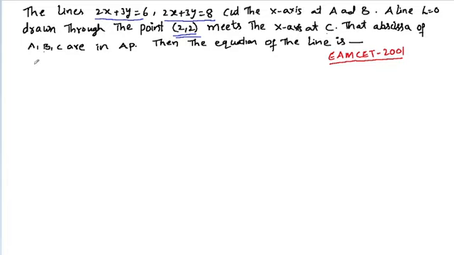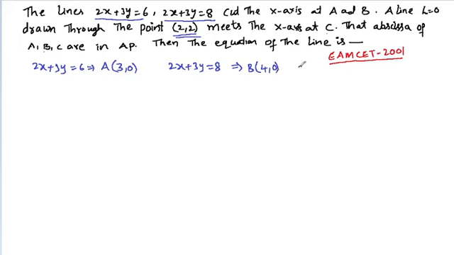Here the first line is 2x plus 3y is equal to 6. This line cuts the x-axis at A, so put y is equal to 0, A is 3 comma 0. The line 2x plus 3y is equal to 8 cuts the x-axis at B, so put y is equal to 0, the coordinates of B are 4 comma 0.